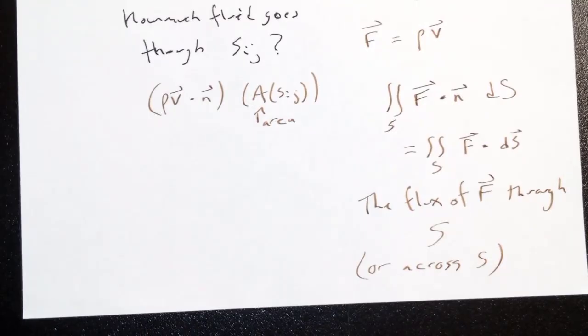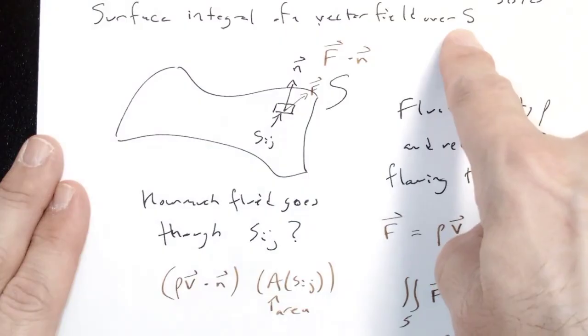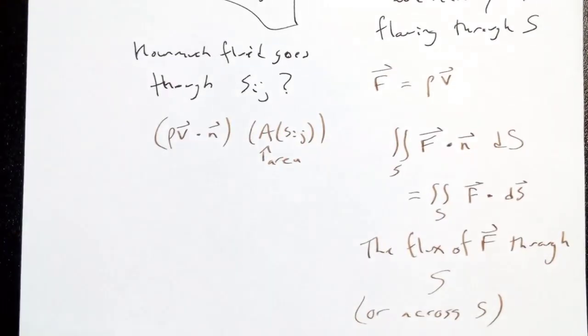You'll see both terms. Another way to phrase this is the surface integral of F over S. I wrote that back up here at the top, where I wrote the surface integral of a field over S. That's this same idea.